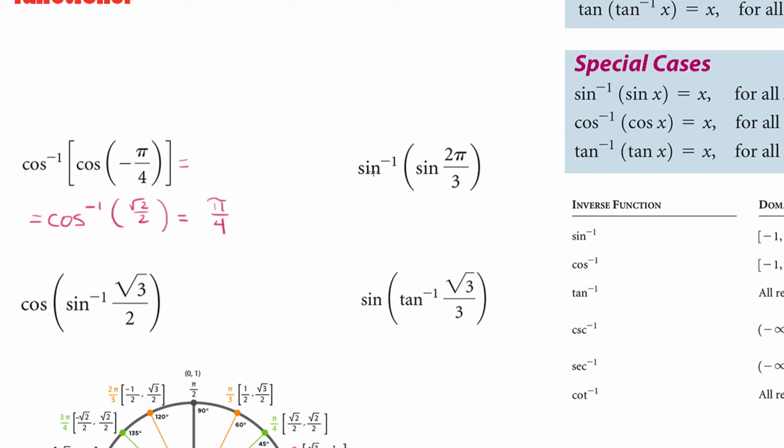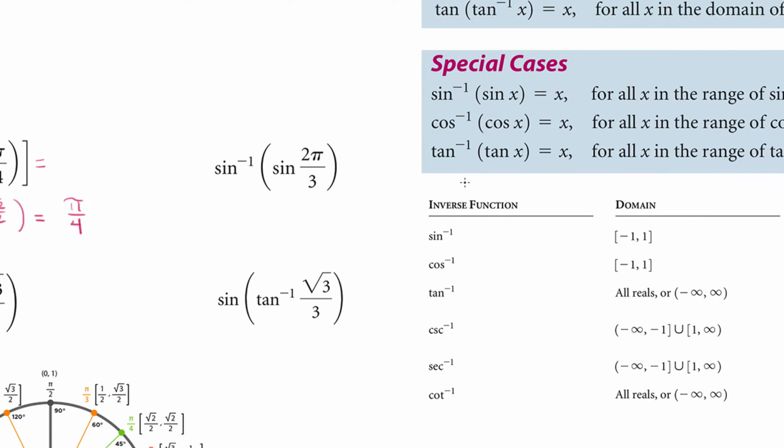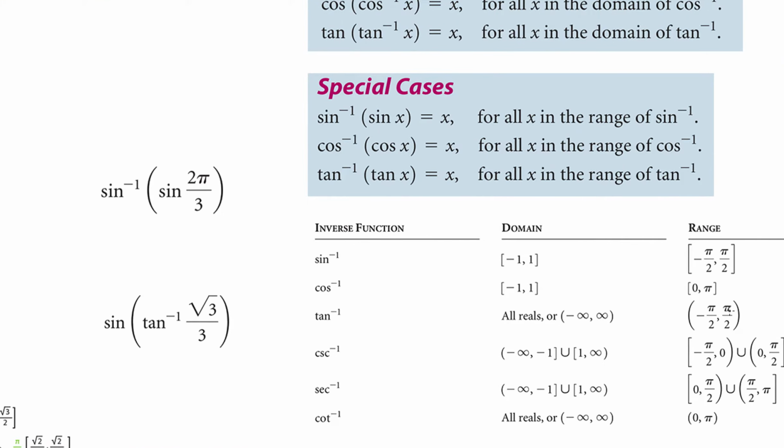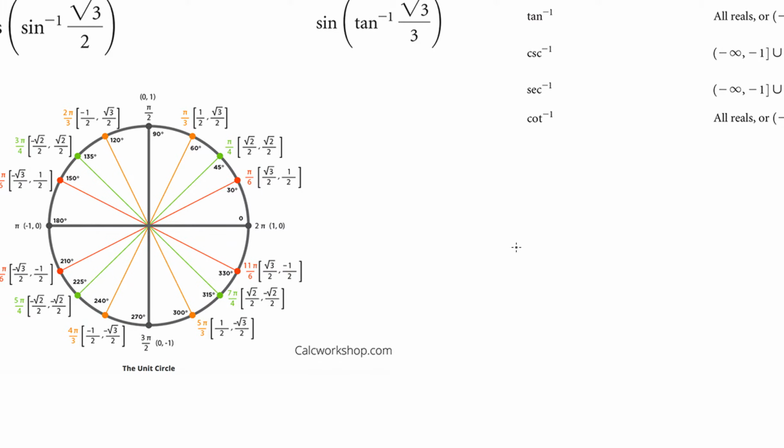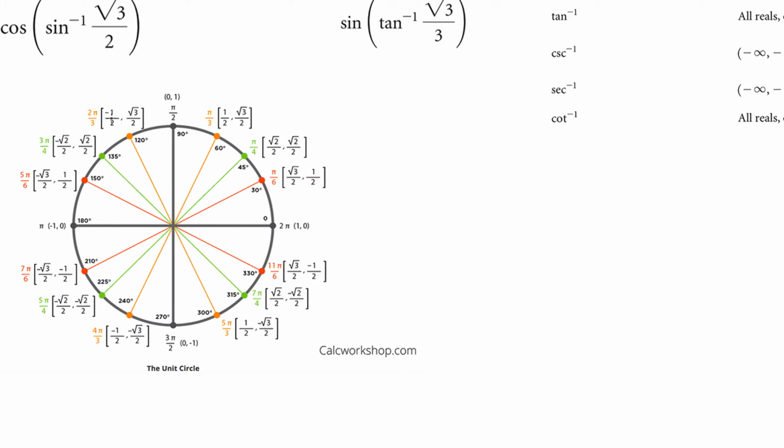Now very similar to this one, sine inverse of sine of 2 pi over 3. Again, 2 pi over 3 is not in the range of sine inverse, right? So let's locate the corresponding angle to 2 pi over 3. The value for 2 pi over 3 is radical 3 over 2, which also corresponds to pi over 3 in the first and fourth quadrant.